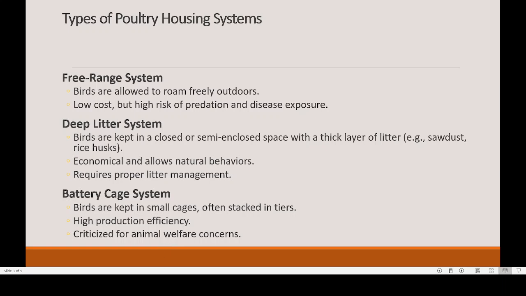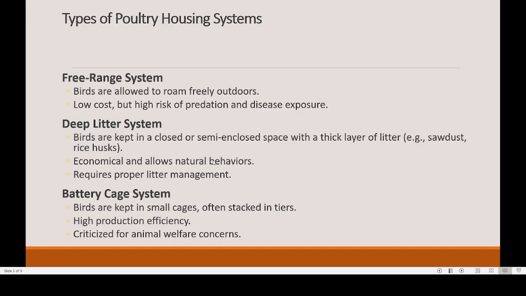So there will be some kind of enclosure. You can see that enclosure means it is protected on four sides. Then there will be a thick layer of litter. The floor will have a thick layer of sawdust, so that birds can comfortably stay inside.